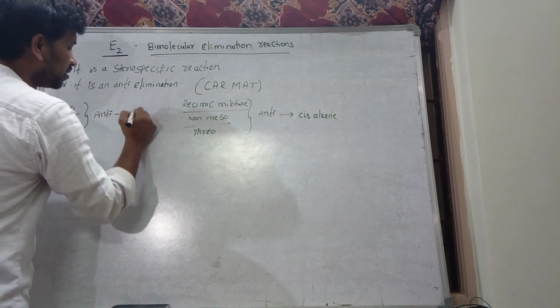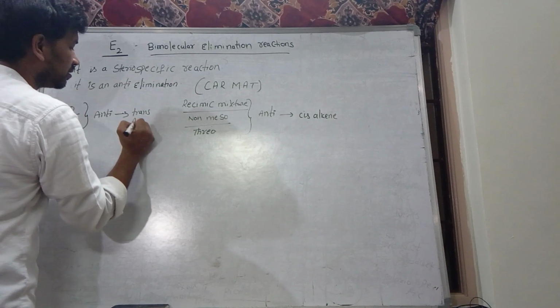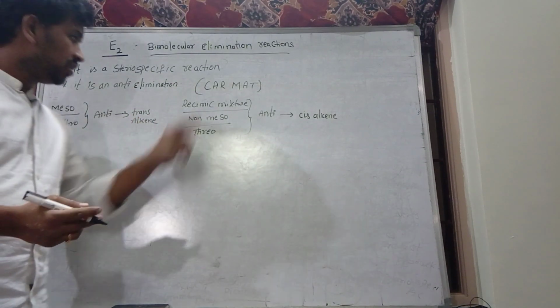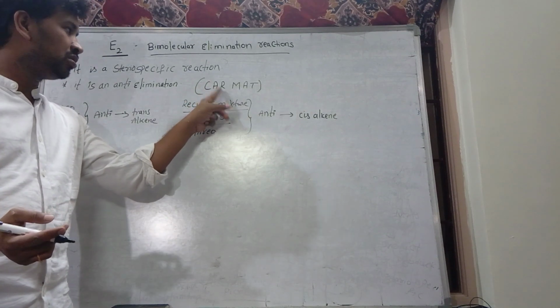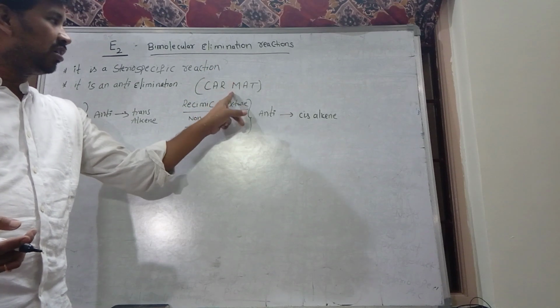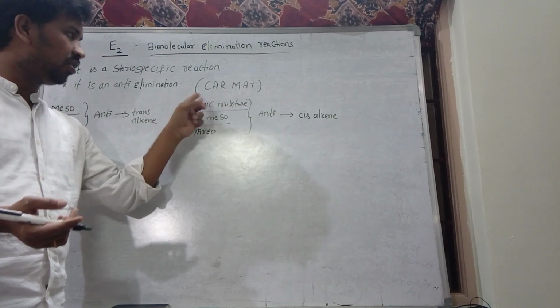It gives trans-alkene. Racemic mixture or non-meso, anti-elimination gives cis. Meso, anti-elimination gives trans. That is called CAR-MAT.